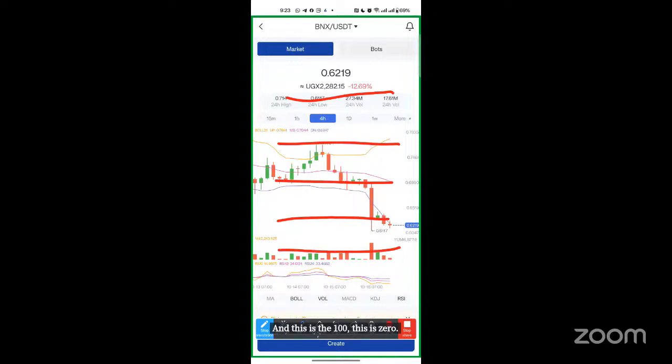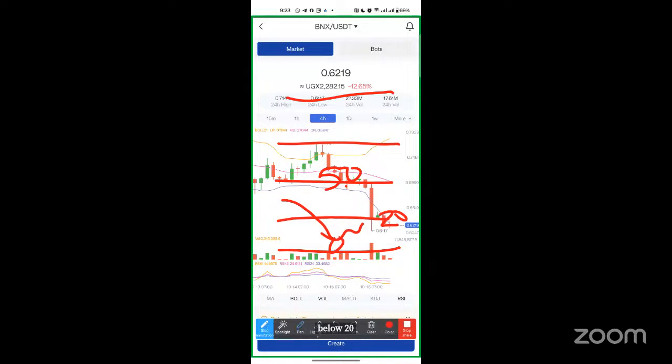It means that the RSI of 24 is below 50 but above 20. So the RSI of 12 is also below 50 but above 20, and the RSI of 6 is below. It means that the RSI is moving here below 20.